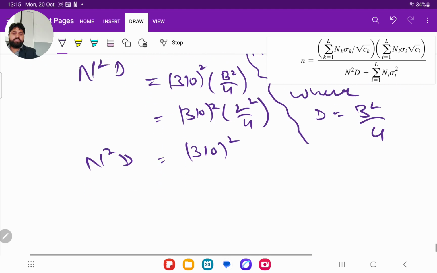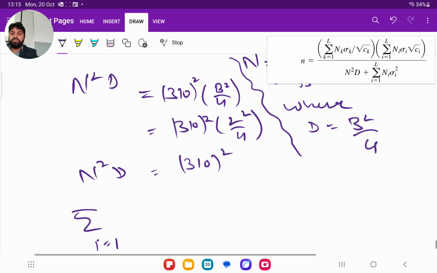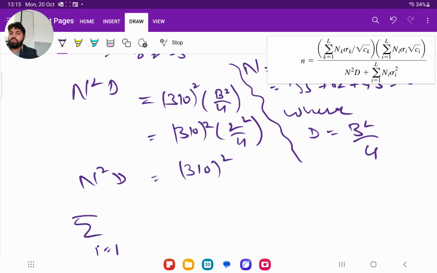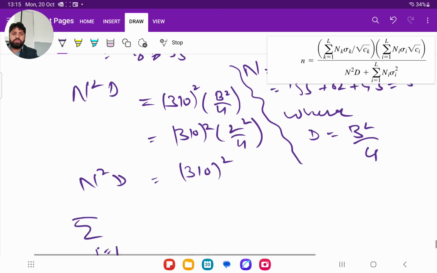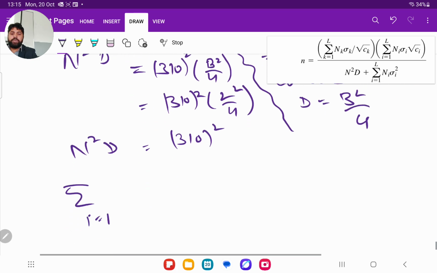So we have estimated this term, and then the summation, i going from 1 to 3. It's 55 plus 62 plus 93, so 155, 62 plus 93.